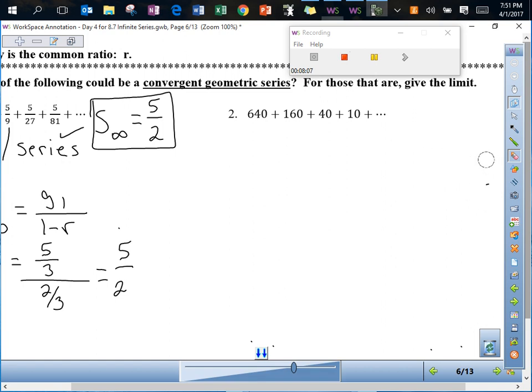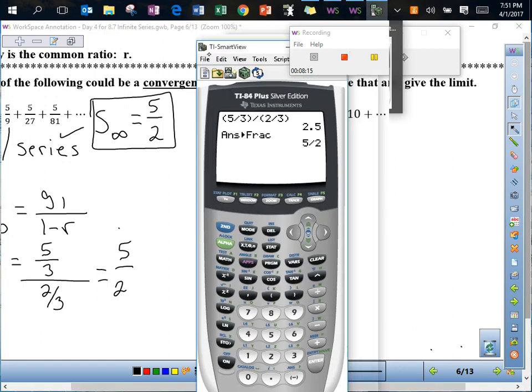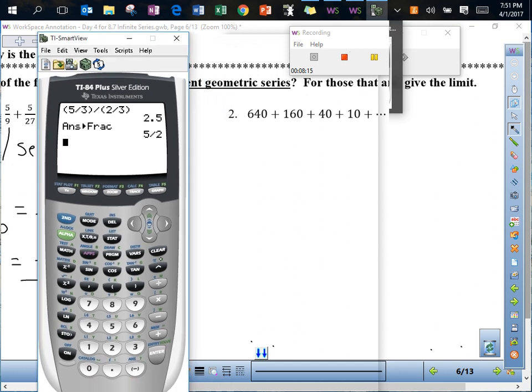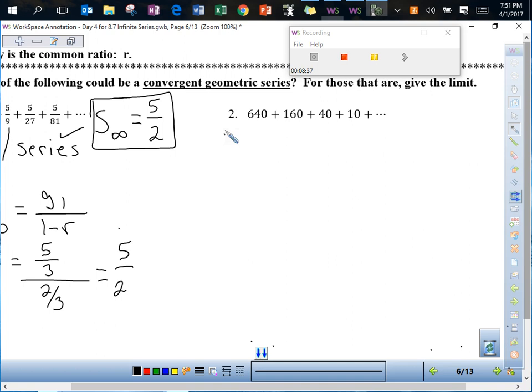So I'll use my calculator off and on as we go today. So jump over to your number 2 if you would. It's a series, but now let's make sure that it's a geometric series. I'm going to take my second term divided by my first term, and I'm at 0.25. Now let's take your third term divided by your second term. Since they're the same, this thing is geometric. So my g sub 1 value is 640. My r value is 0.25.